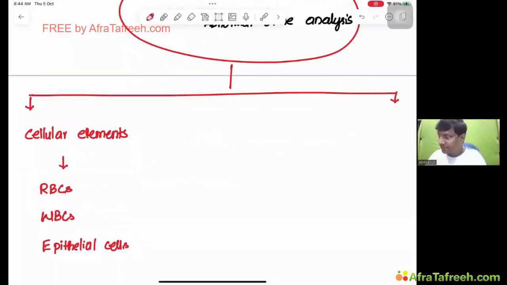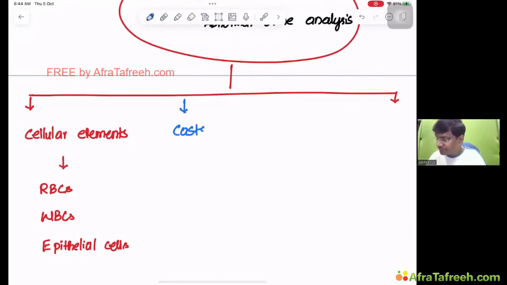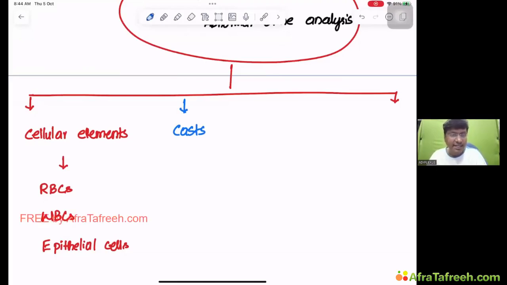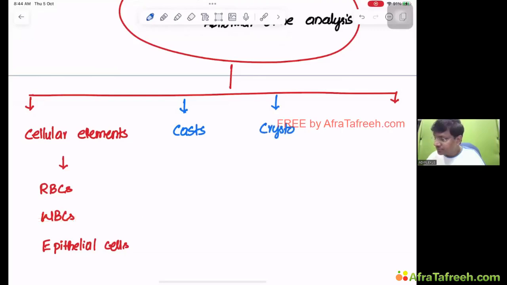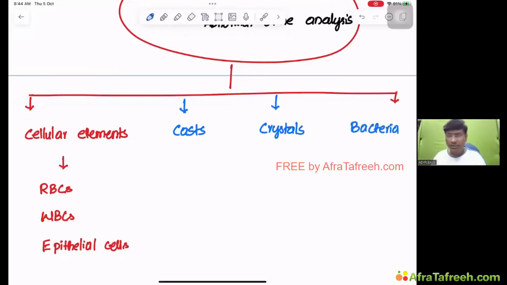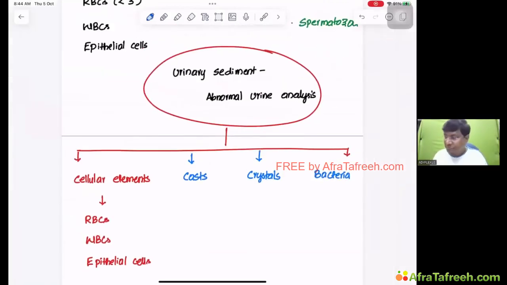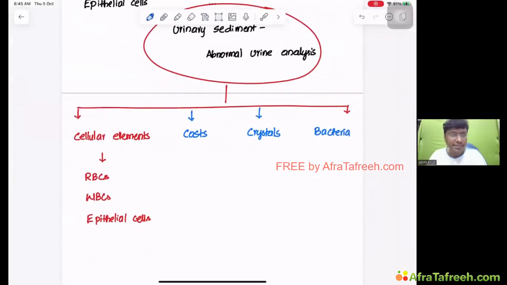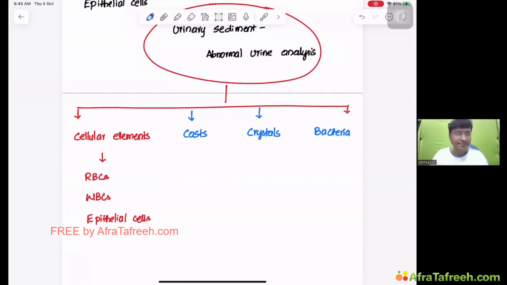Okay. And another important abnormal constituent will be the presence of abnormal casts. There can be even normal casts also. The normal cast is nothing but the hyaline cast, which I'll be discussing in detail, but there can be presence of casts as well. Then there can be presence of crystals, right? Or even the presence of bacteria. So this is the constituent of the abnormal urine analysis: cellular elements, casts, crystals, and bacteria.